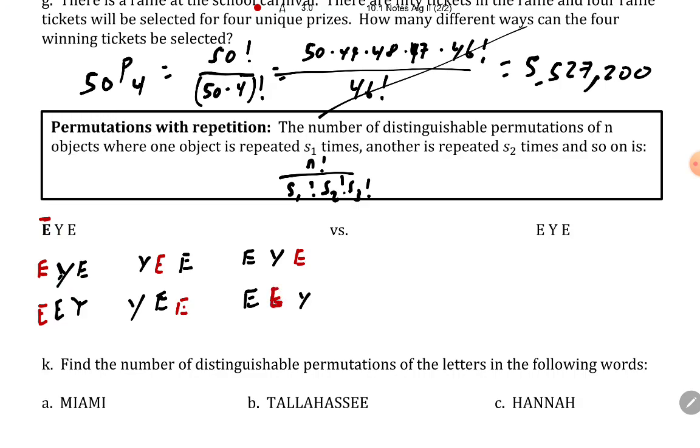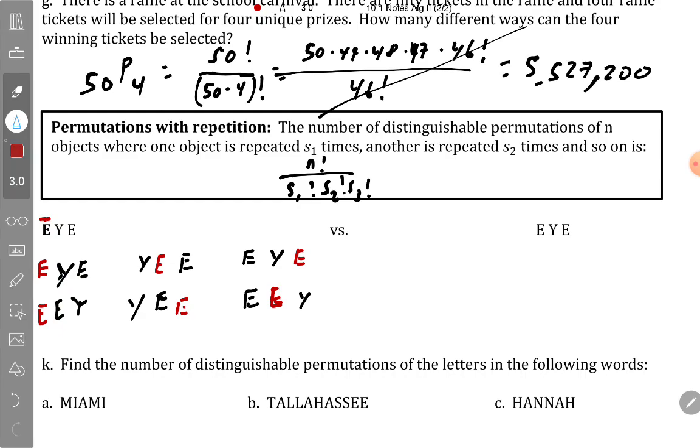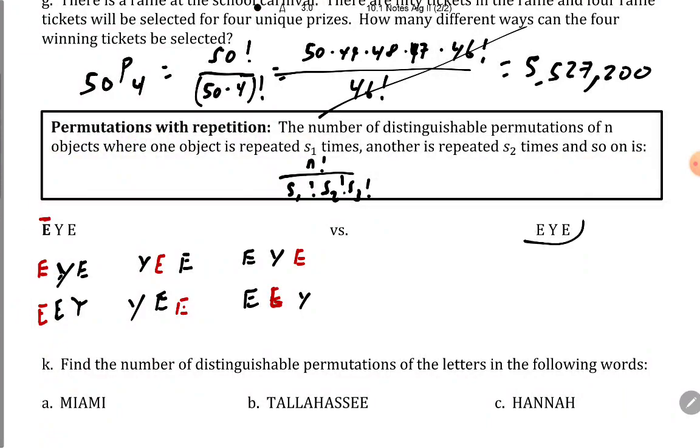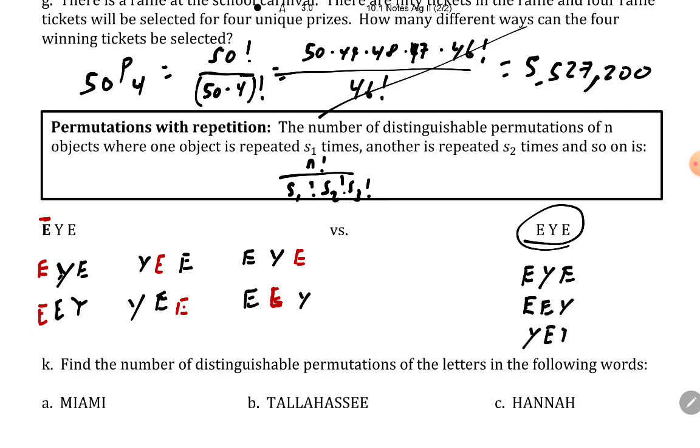So there would be 6 permutations here. Versus if you want to look at the different permutations of this one, we would only have EYE, EEY, and YEE.